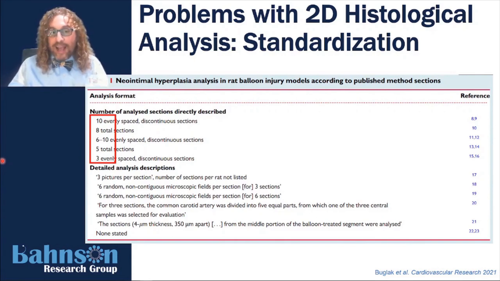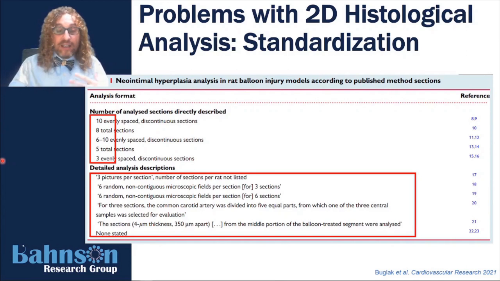And secondly, when you look for the description of how these 3 to 10 cross-sections are selected, you find some papers that don't state anything, and some papers that do state it, but to a different degree of detail. And I think that is a major contributor to this lack of reproducibility.